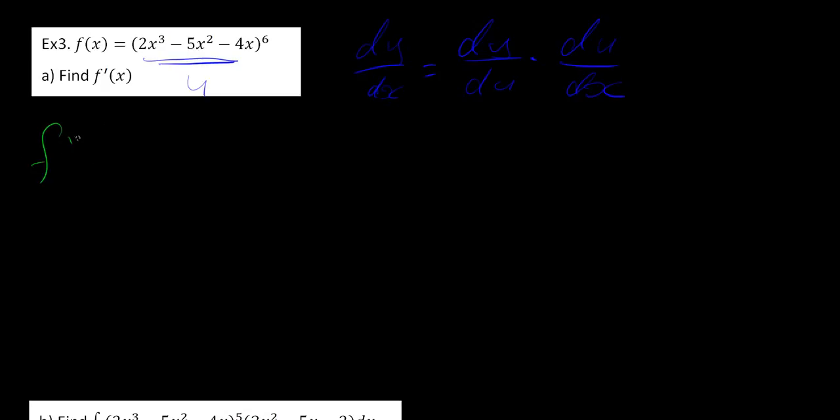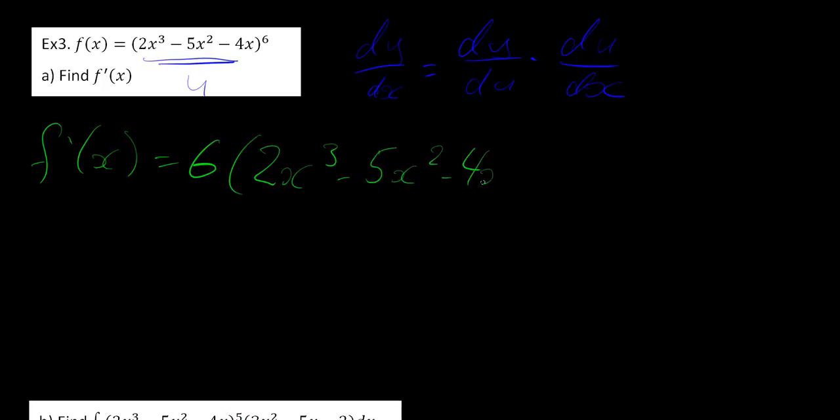So when we find f dash, we're going to take the derivative of u to the power of 6 with respect to u. So I'm going to get 6, everything in the bracket, it's 4x, and it's now u to the power of 5.